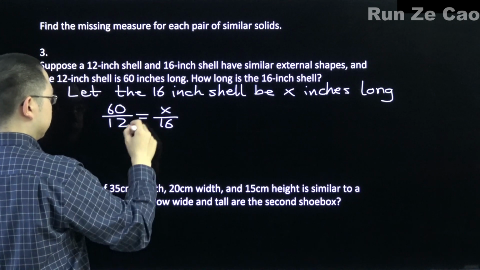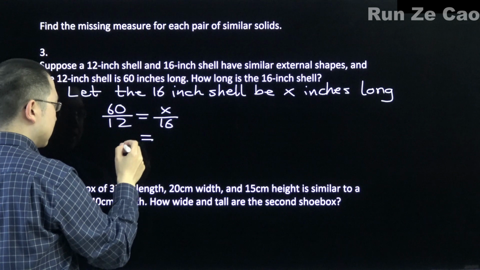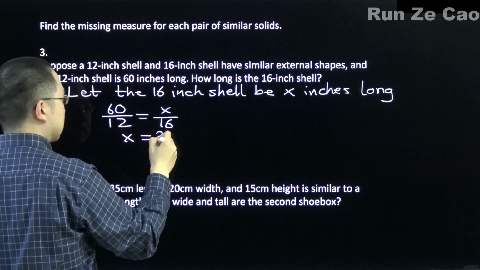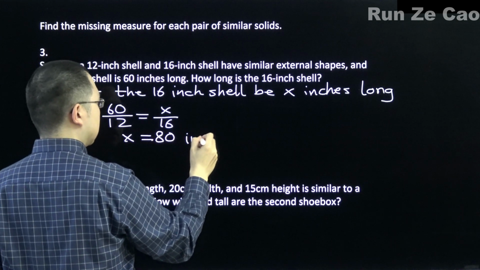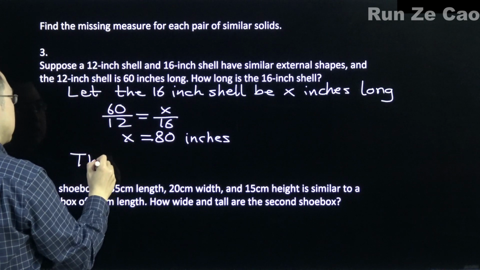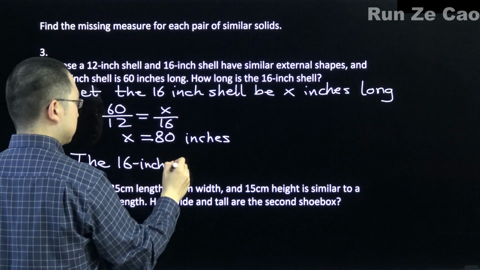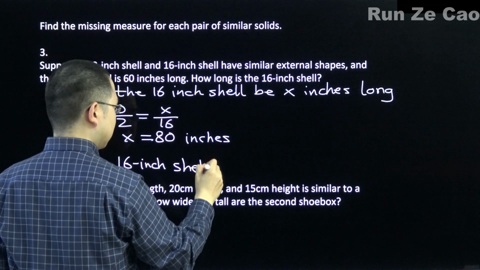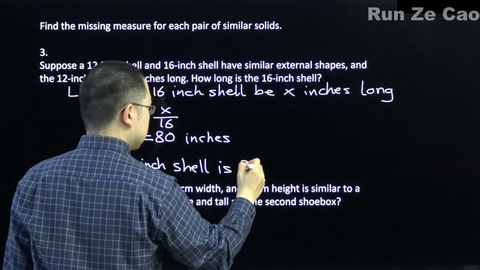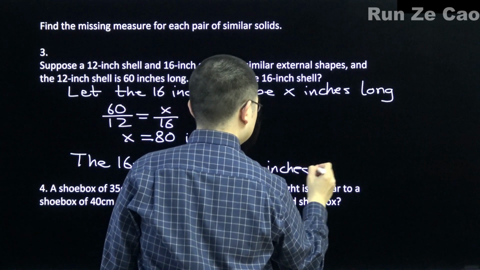Therefore, 60 divided by 12 is just 5, times 16. You get X equals 80 inches. The 16-inch shell is 80 inches long.